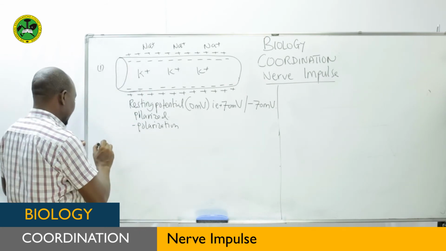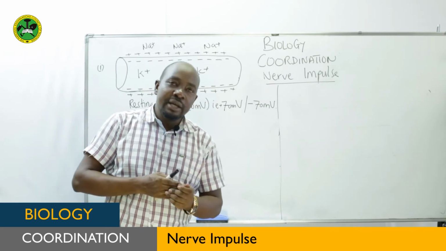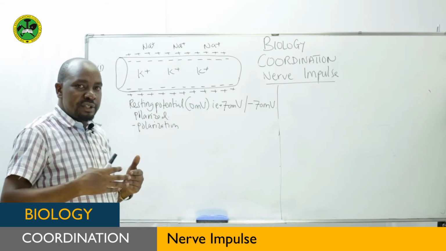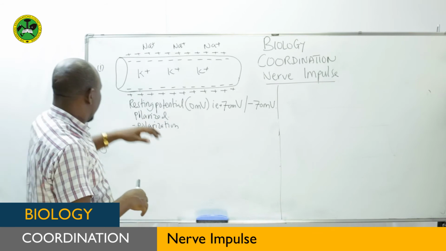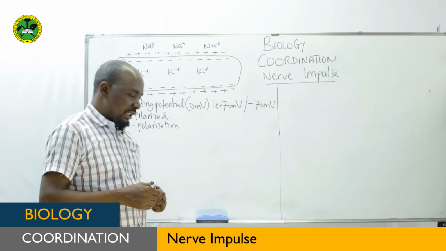Then, when the nerve or the axon is stimulated, there will be redistribution of charges.